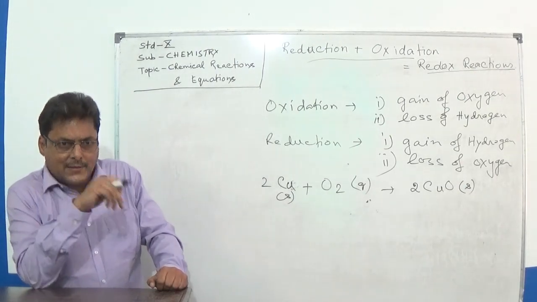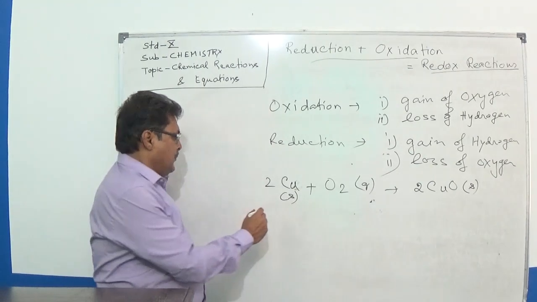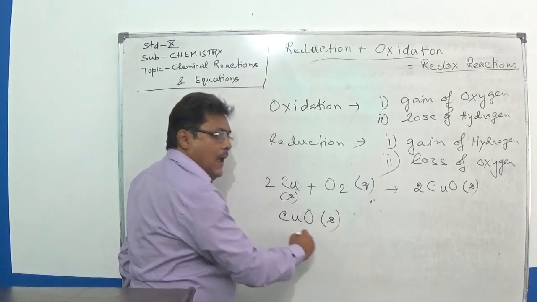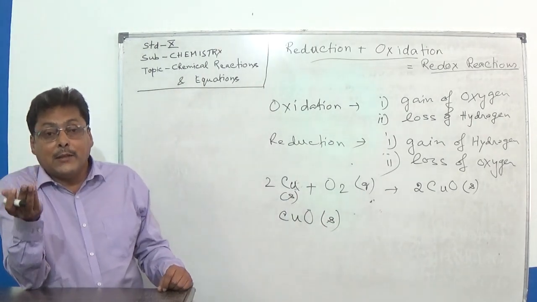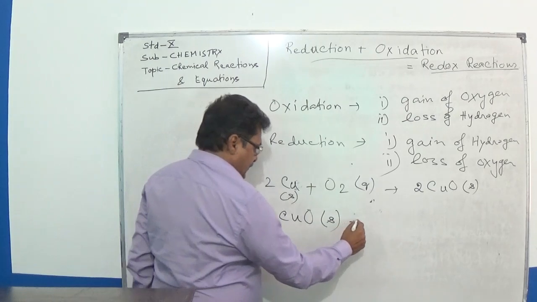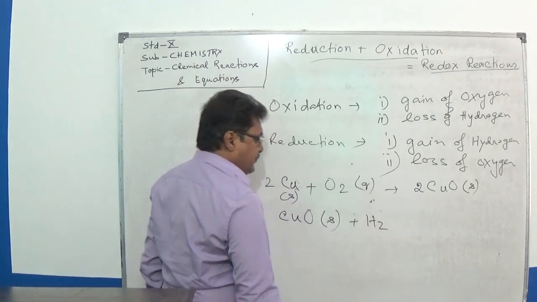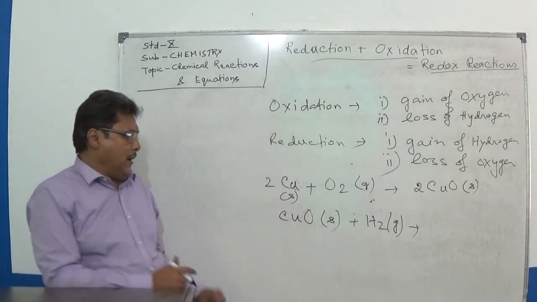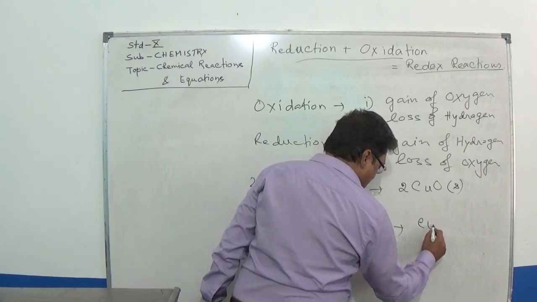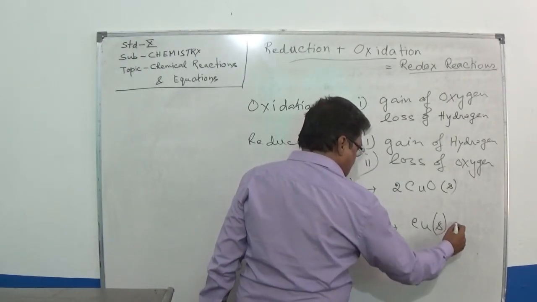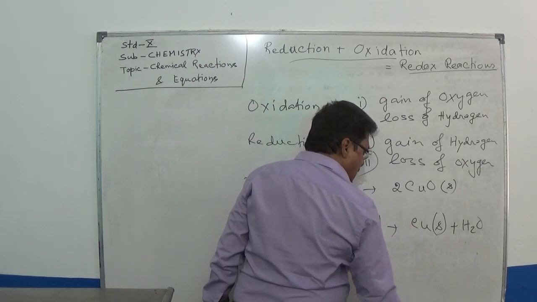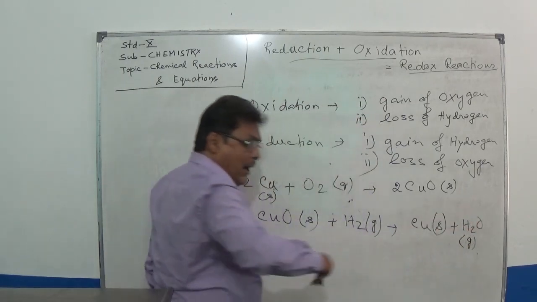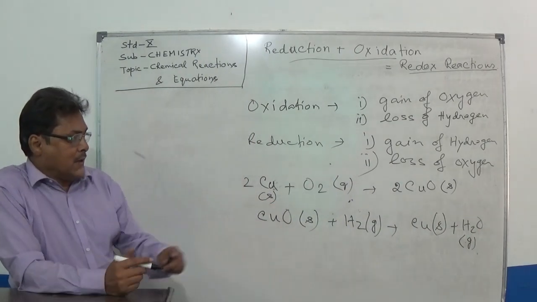But now look at this copper oxide. Say we take copper oxide and mix it with hydrogen gas. What will happen is that copper will be separated again and H2O, that is not liquid but gas, because it is water vapor, so it is gas.